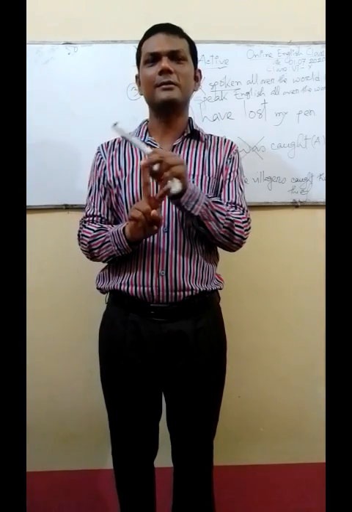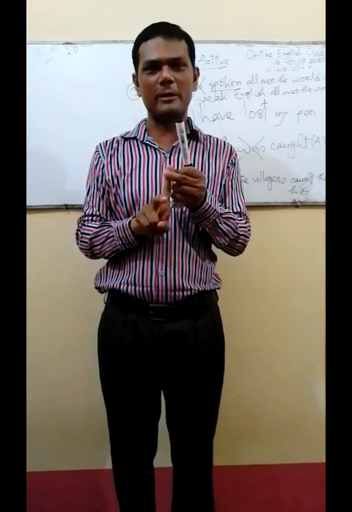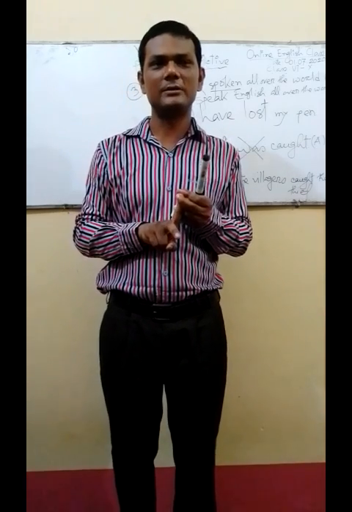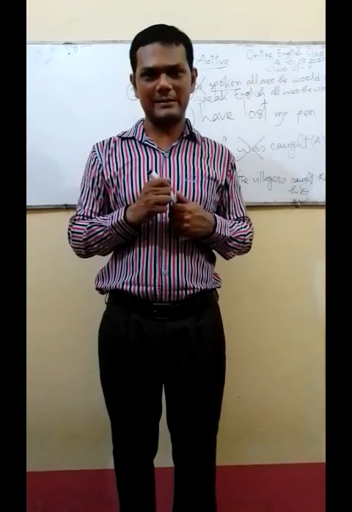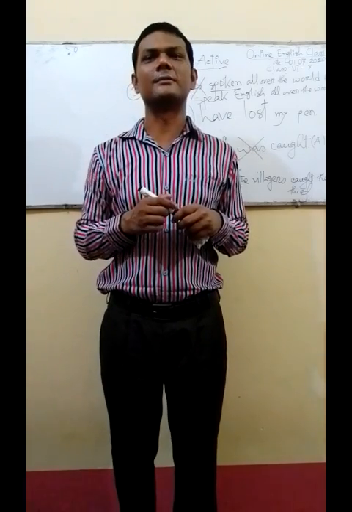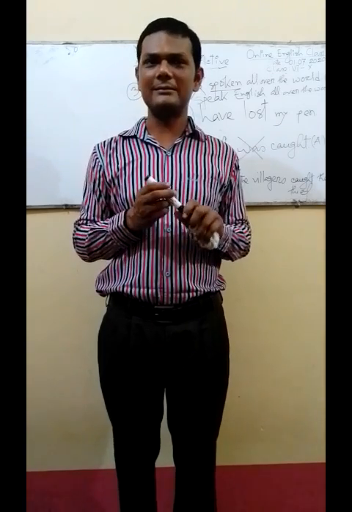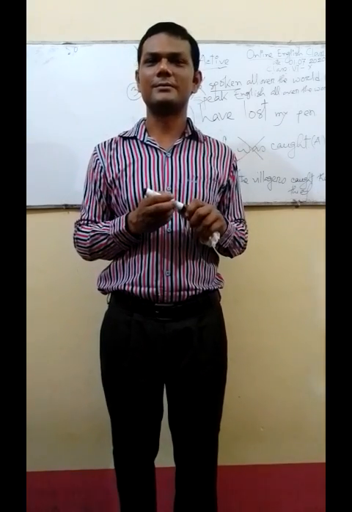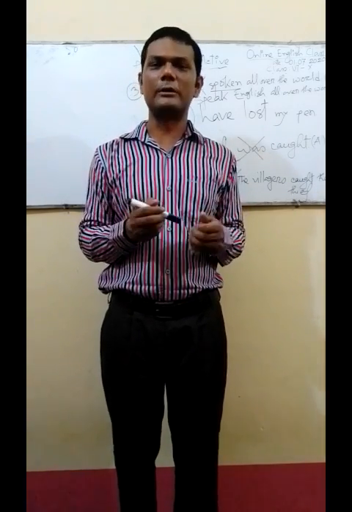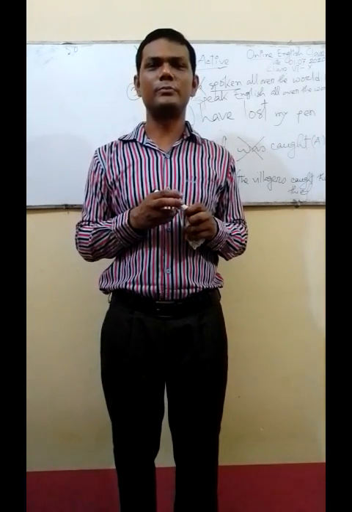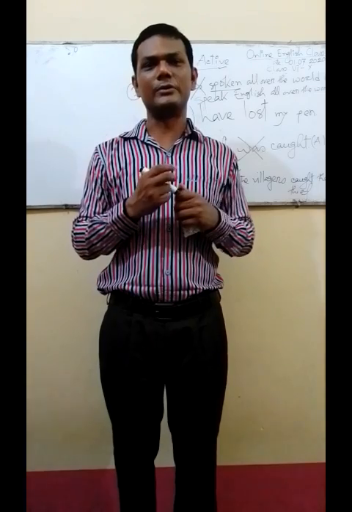First one by and second one auxiliary verb. Okay, I hope you can understand, and if you practice from your books, then it will be better and it will be more clear to you. And thank you. Next I will take another class. Okay, hope you will follow and you will practice.